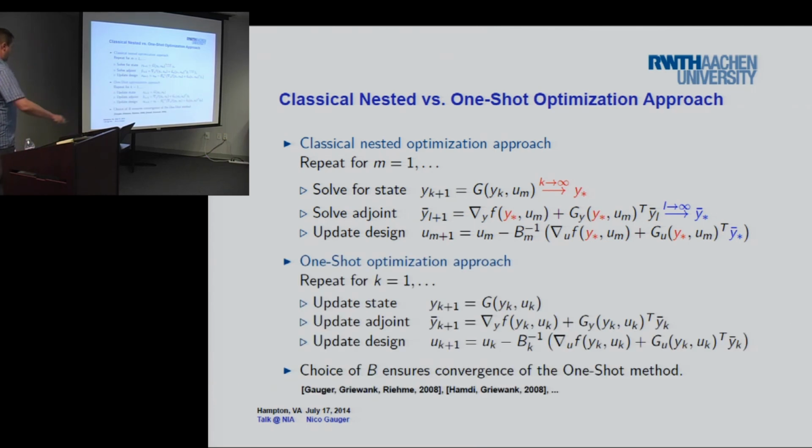The one-shot approach is different. You do just one iterate in the primal, one iterate in the adjoint, and then an iterate directly in the update. And the question is how to choose this preconditioner B, which you definitely need to ensure convergence of this all-at-once approach. Here the discrete, since 2008, joint work with Andreas Griewank and the former postdoc of Andreas, Adel Hamdi.